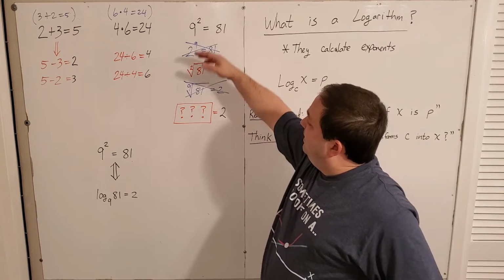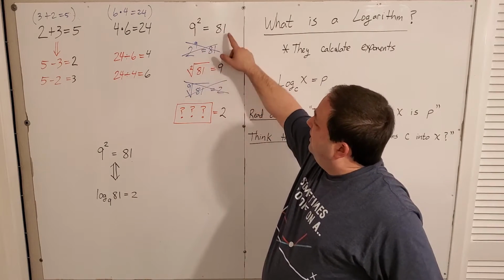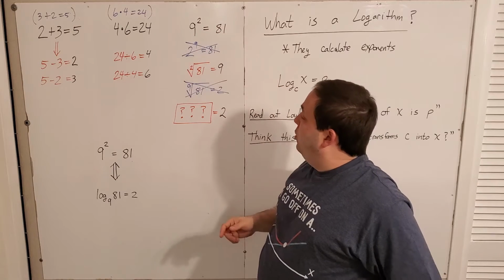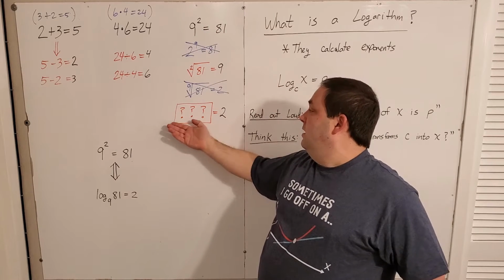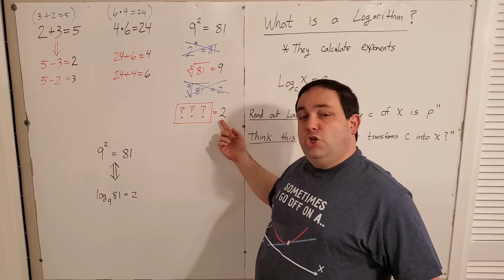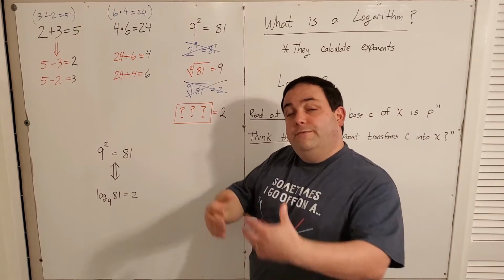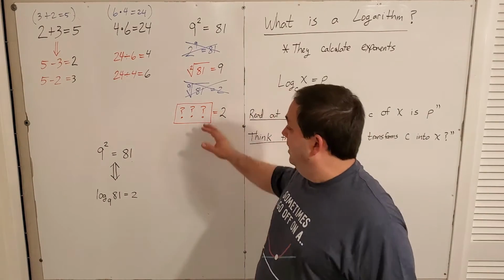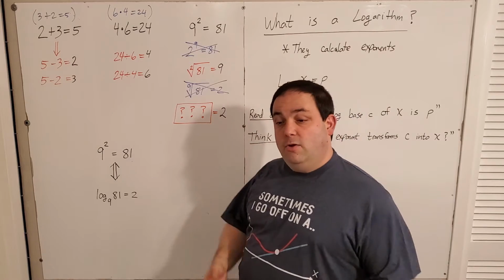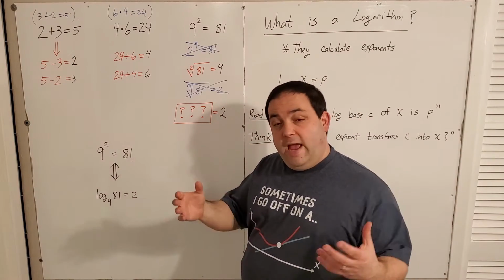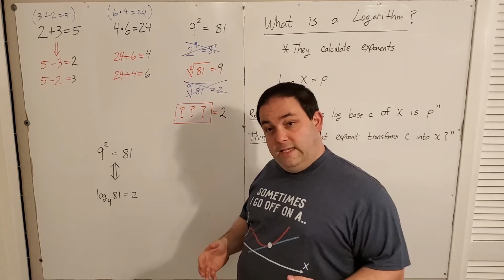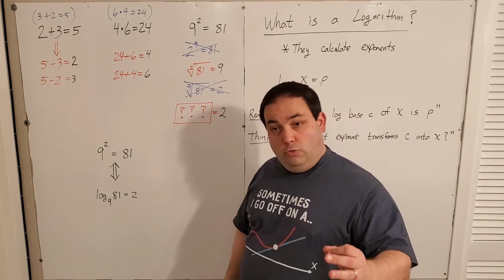Here, there's a big gap. In this fact, 9 to the 2 power equals 81, I need a way that I can isolate the 2 to say, oh, I've solved for that quantity, right? Some sort of calculation is missing here. That means that your arithmetic facts are incomplete unless you include logarithms.